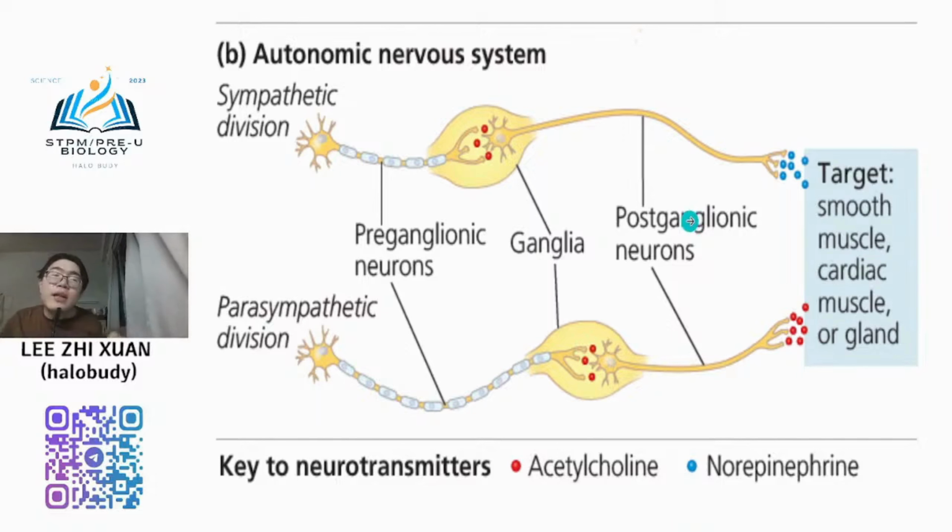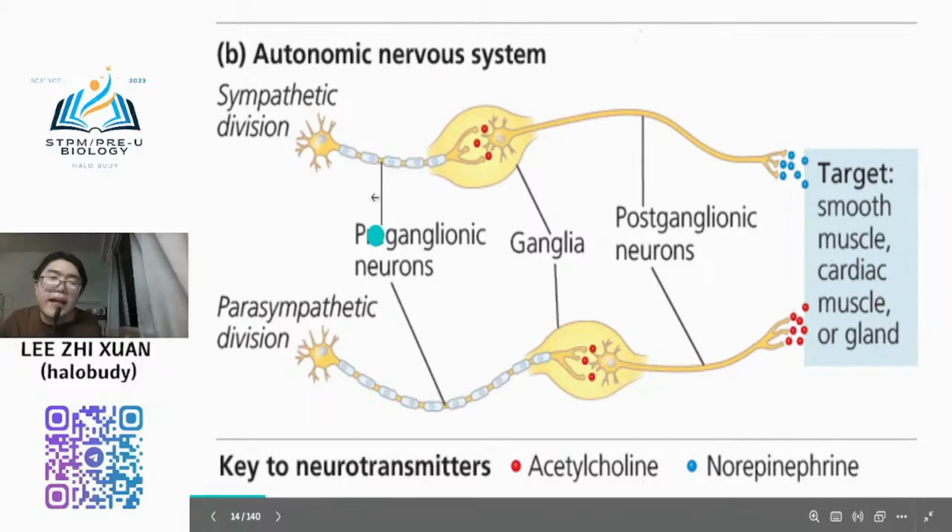Okay, so the parasympathetic and sympathetic nervous systems are classes under the autonomic nervous system, which is also under the peripheral nervous system. Autonomic means that it is automatic. Every time, either the sympathetic or parasympathetic nerve cells will be stimulated.